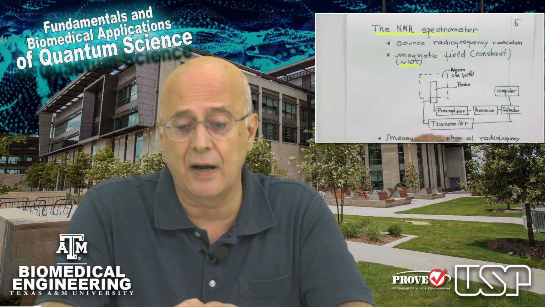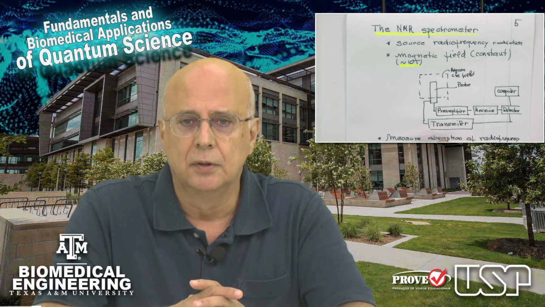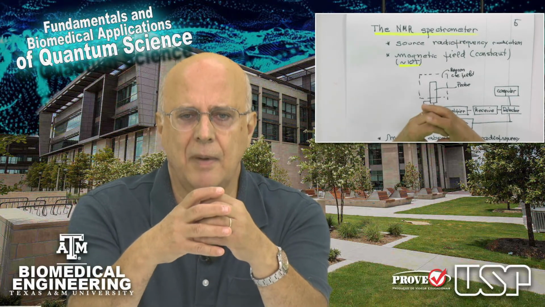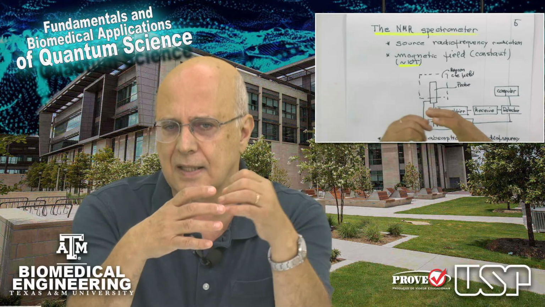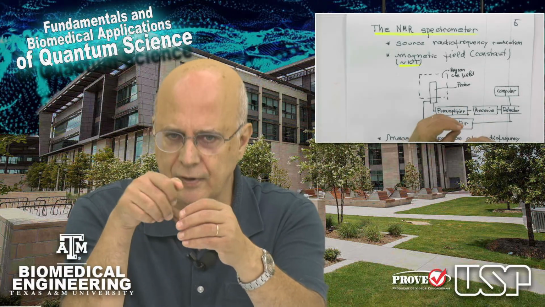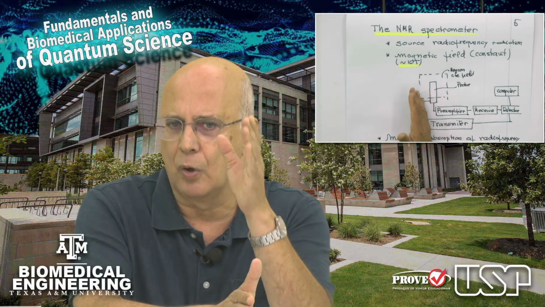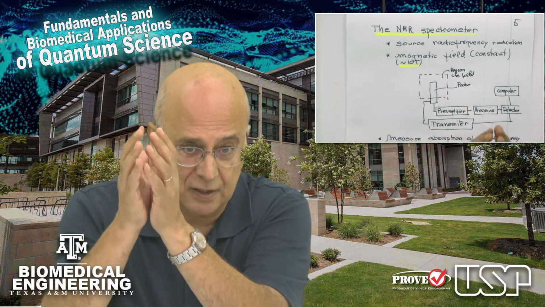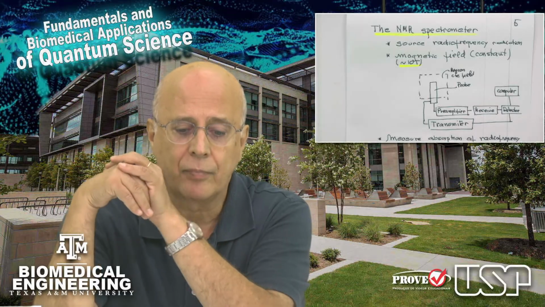Now, you have to understand too that if I have a carbon atom inside the matter, I'm dealing with organic materials. Depending on where this carbon is, there will be the applied field, but there will also be a local field, and that changes the resonance a little bit. So if I have many carbons in a molecule, I can identify them because of this local environment, by the electrons around and everything.